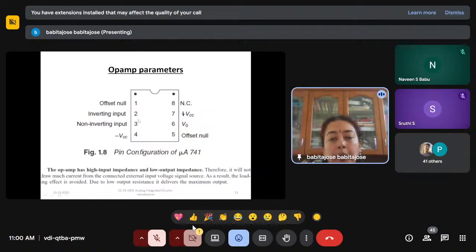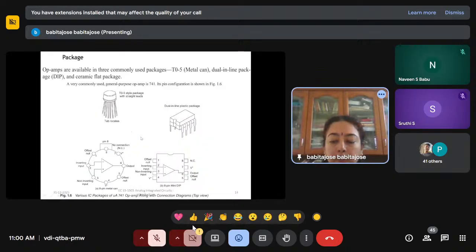So you have two input terminals and one output terminal. Then you have the supply voltages, positive supply plus VCC and negative supply minus VEE, on pins 7 and 4.